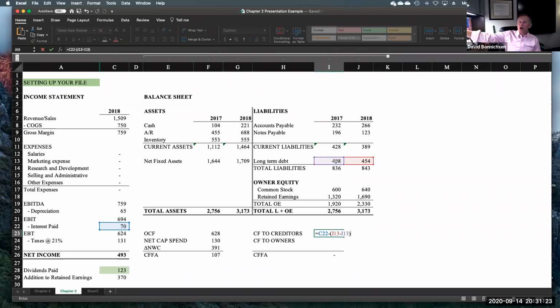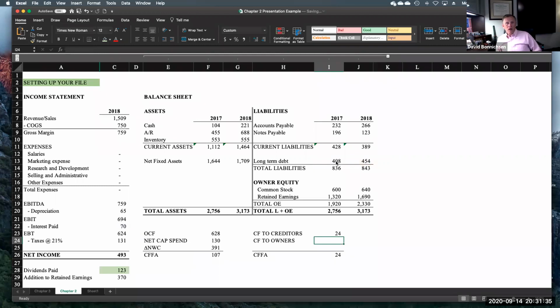It's cash that's going out the door to creditors in the form of interest, and we're taking on more money, which is bringing cash in the door. Now we have to look at the cash flow to the owners, which relates to dividends and new equity raised.